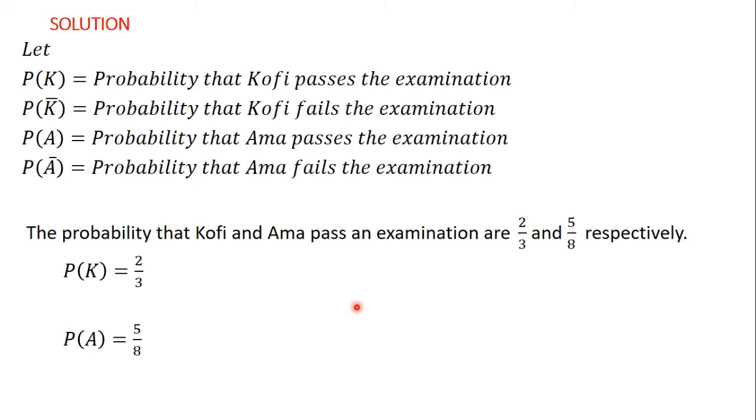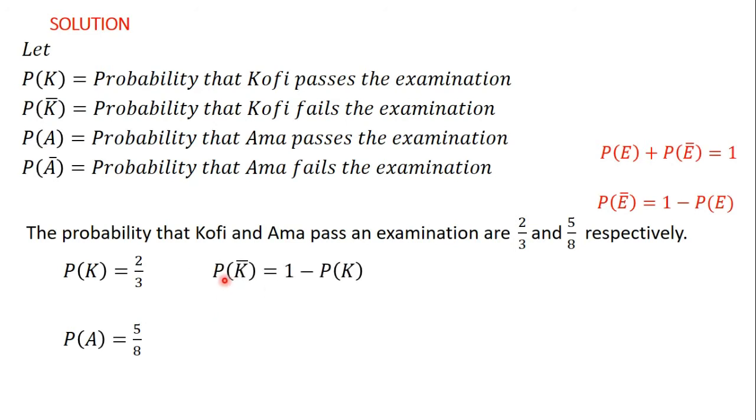From the videos on the laws of probability, we learned that P(E) plus P(E complement) is equal to 1. So if we make P(E complement) the subject, we are going to have P(E complement) is equal to 1 minus P(E). If we are applying that here, we can say that P(K complement) is equal to 1 minus P(K). We already know P(K) to be 2 divided by 3.